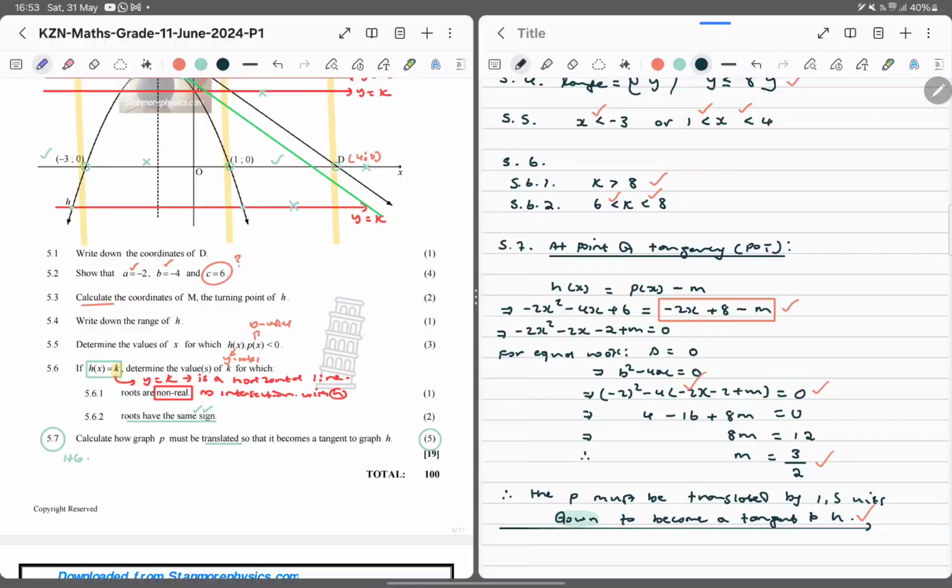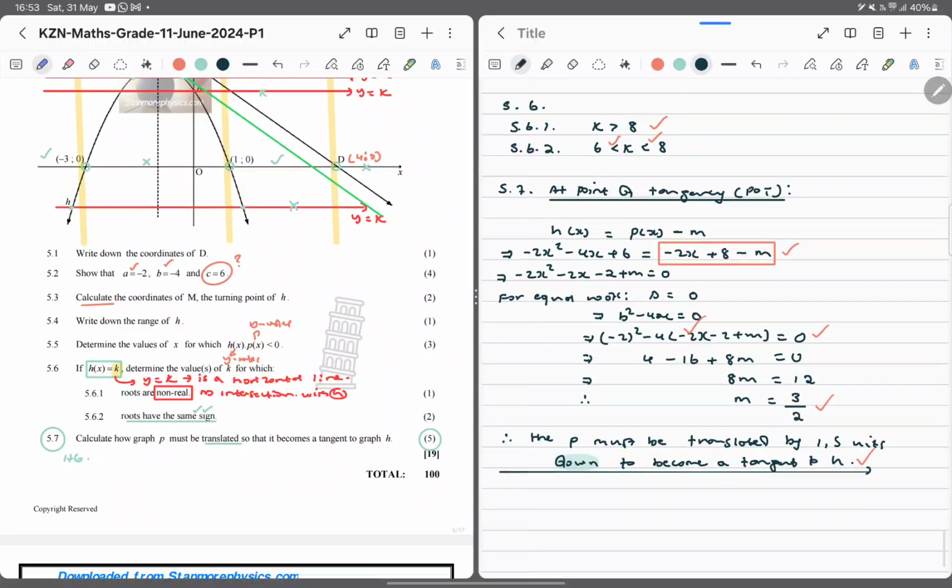All right, guys, so this is a very nice higher grade question that many of you should already be very familiar with. And that's the end, guys, for a total of 100 marks.